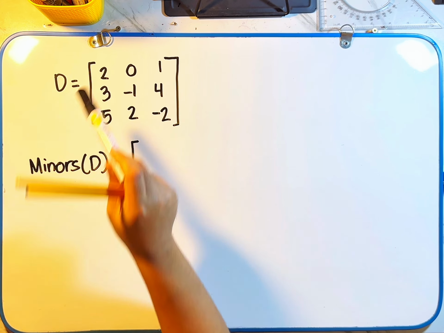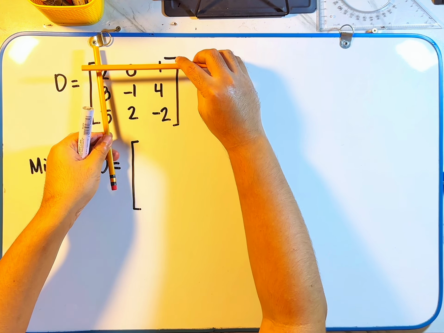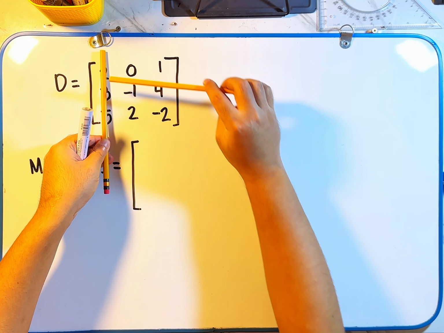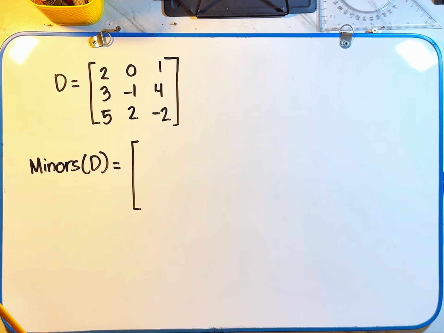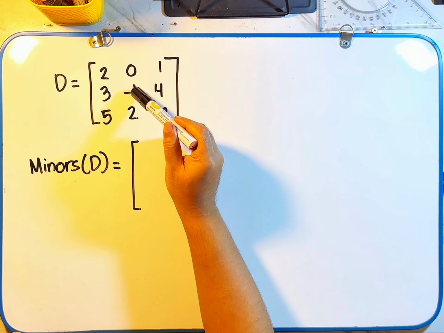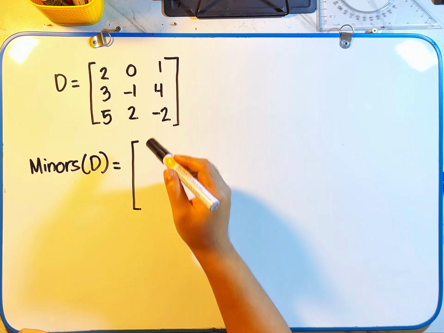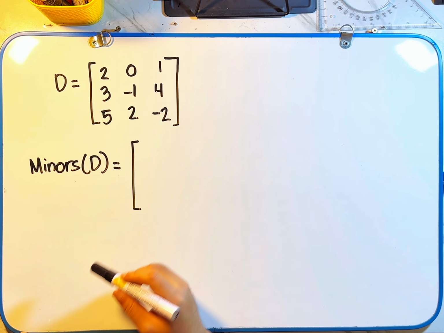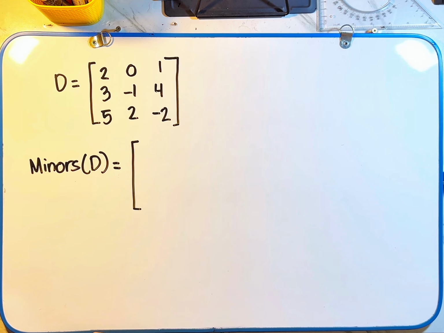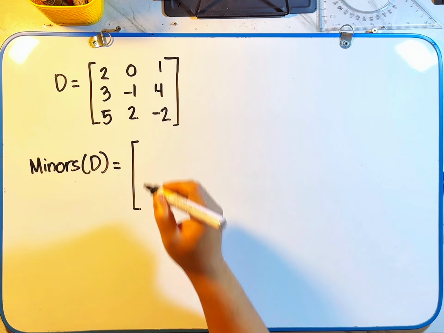For the element in the first row, first column, let's block this. So we're left with these 4 elements. And we have to find the determinant. So negative 1 times negative 2 is positive 2. Minus 2 times 4 is 8. So positive 2 minus 8, that's negative 6.